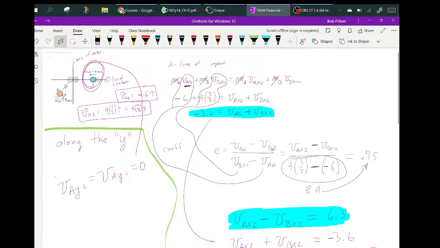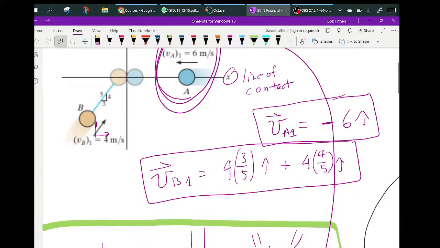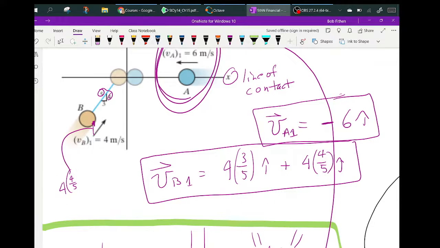Okay, but here's the thing. Initial velocity this way was 4 4/5. If there was no friction and nothing happened after the fact, that would be the same thing.